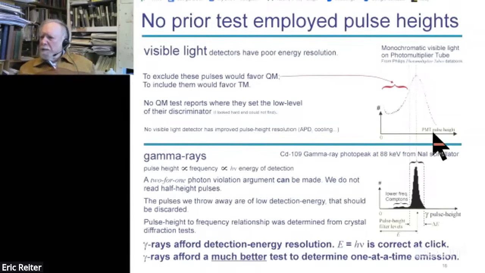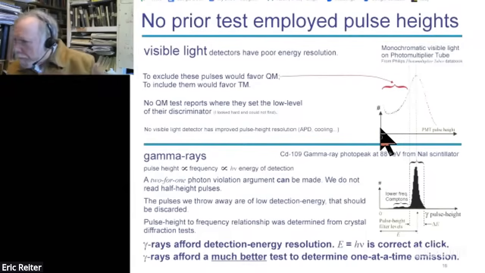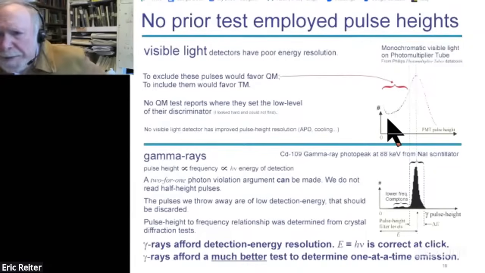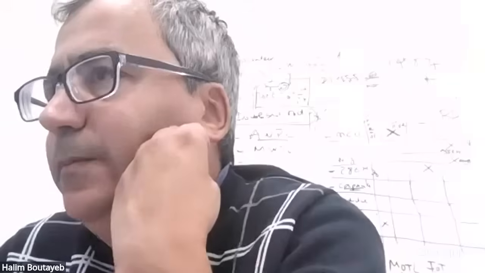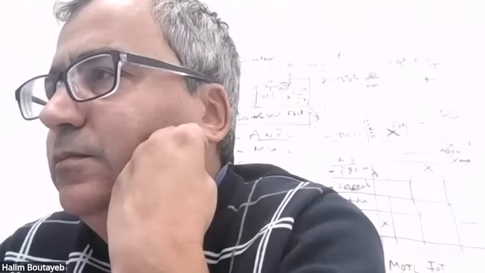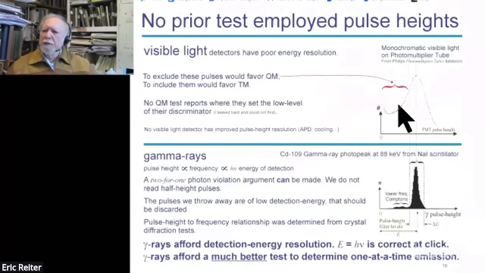So this is pulse height versus... this is for monochromatic light. It's not a spectrum. It's just monochromatic light, but it gives a distribution of pulse heights. So they assume that it's just one frequency and that it's an h nu in this experiment, but that's not fair to do that. You get this wide distribution of pulse heights.